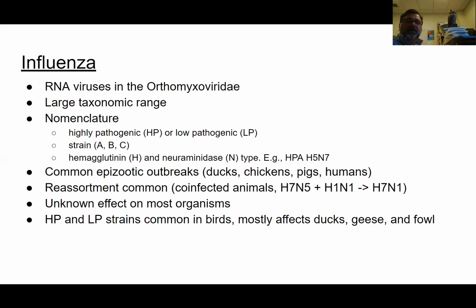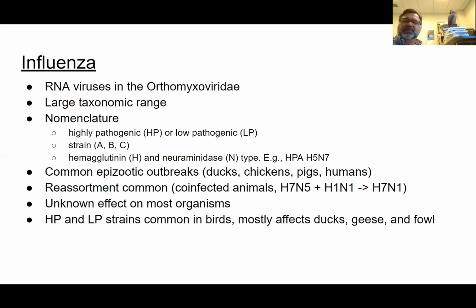Okay, influenza causes epizootic outbreaks in ducks, chickens, pigs, and humans, of course. We get influenza outbreaks all the time. Reassortment is common in co-infected animals, and pigs seem to be really good at reassortment.